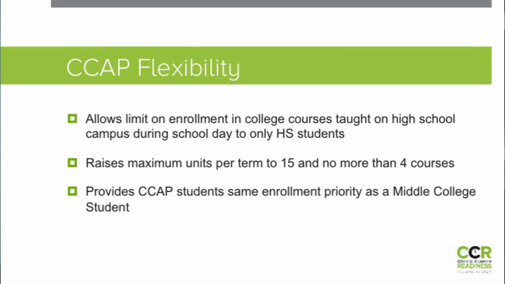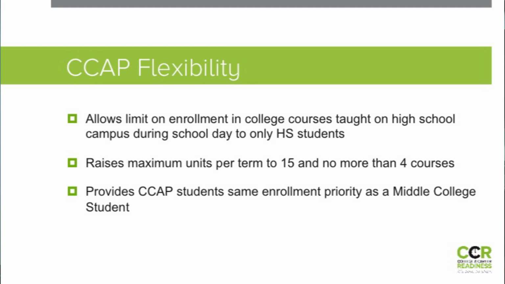Now you might say, gosh, 15 units, that's a lot of college coursework. How are they going to do that? Well, where a student is enrolled in an early college model, they can do that easily because they're enrolled in dual enrollment coursework throughout the course of their early college high school schedule. And it also provides CCAP students a higher enrollment priority and the same priority as a middle college student.